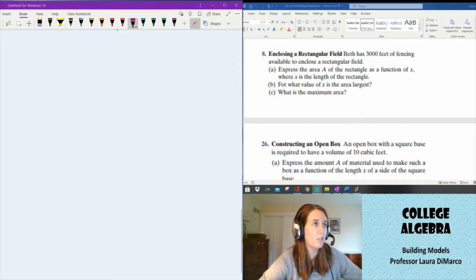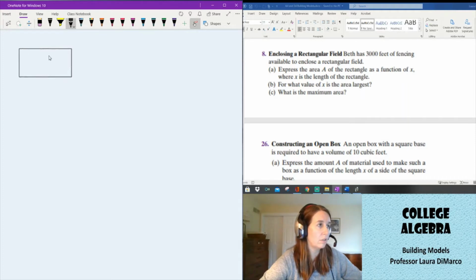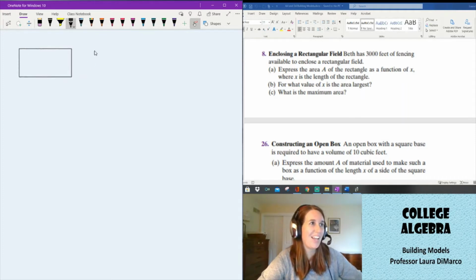They don't give us a diagram, but I think we should probably draw one. And we know that the fencing is the distance around the field. So in other words, if you see fence, you want to think perimeter.